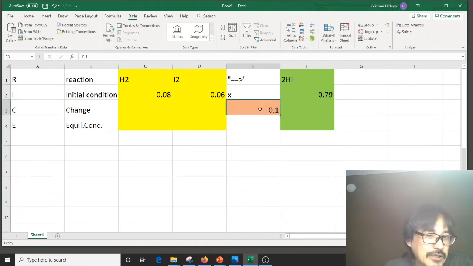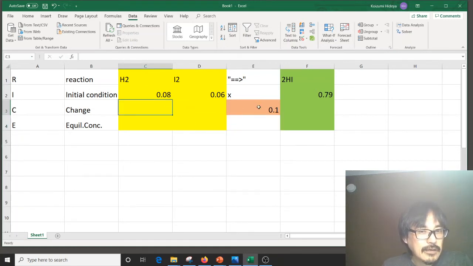So I just created this number right here. It could be any number. I just picked 0.1. If I think about the change of H2, because you are adding the extra HI, that extra HI wants to go back to the reactant.